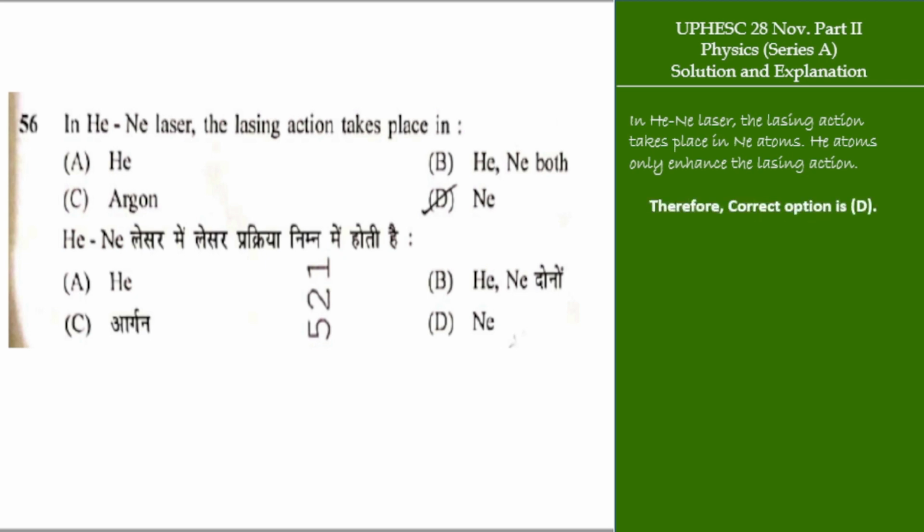In this helium neon laser, the concentration of helium is higher than the neon atoms, like 10 to 1 or 7 to 1. But the concentration of helium will be higher than the neon atoms. So lasing action is produced in neon atoms. So the correct option is D, neon.